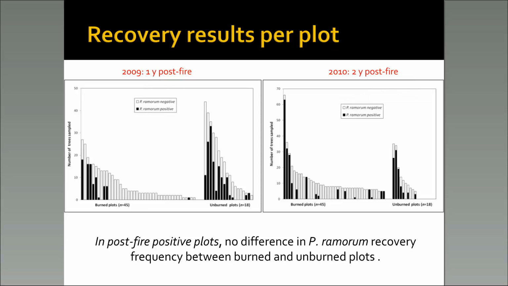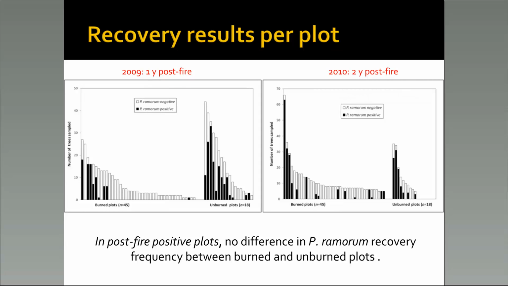So here on the left, you can see in 2009, 1 year post-fire, you see burned plots. In some of these burned plots, the black bars indicate that we were getting nearly 100% or at least over 50% recovery of the pathogen from different plants that we sampled, and it really wasn't very different than what we were seeing in the unburned plots.